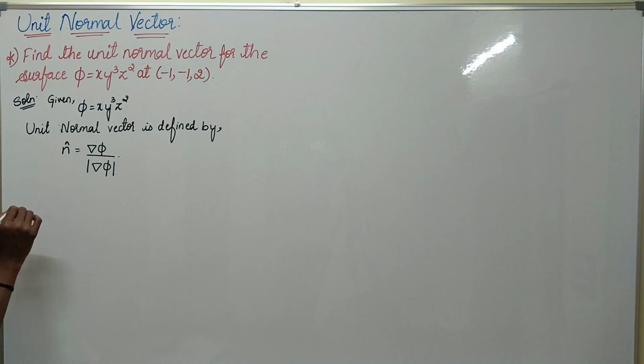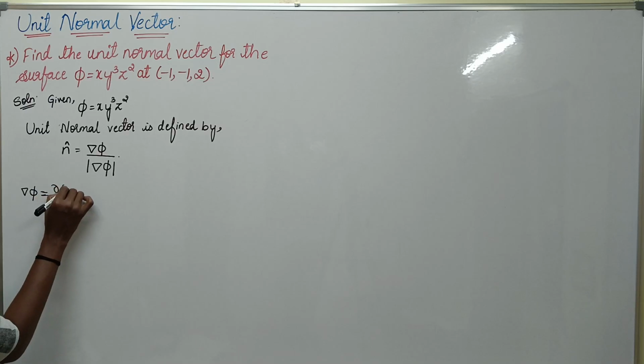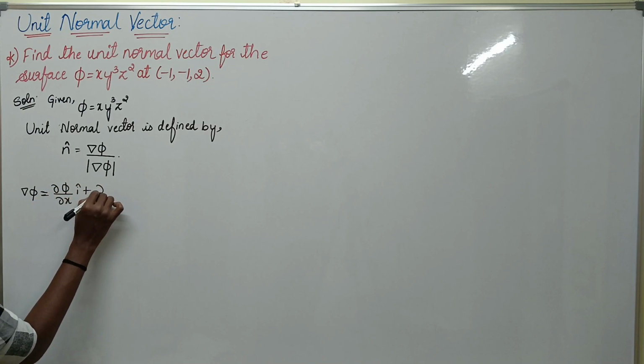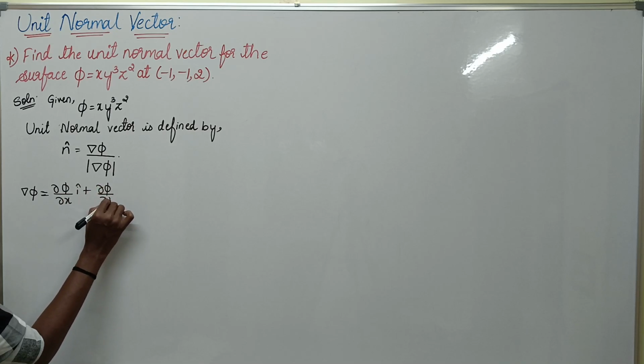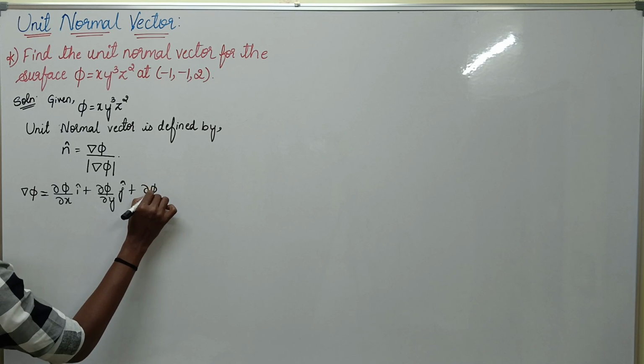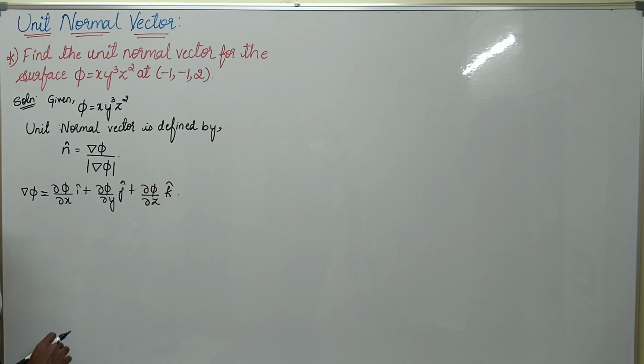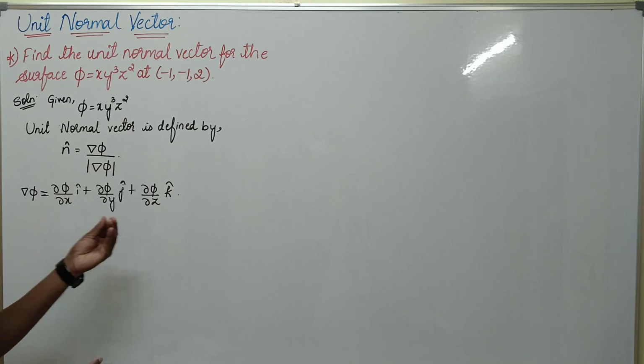Now, what does del phi represent? Del phi or gradient phi represents dou phi by dou x i cap plus dou phi by dou y j cap plus dou phi by dou z k cap. Now, I am going to differentiate the scalar function phi with respect to x, y and z.